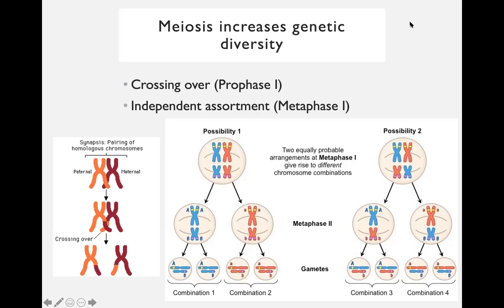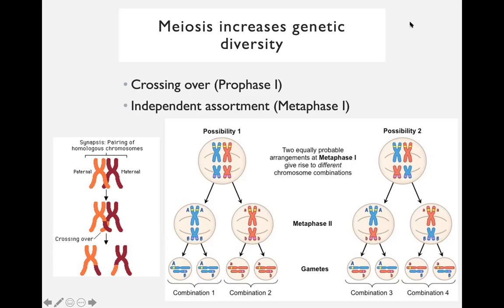In meiosis, you get this whole new combination of traits. The two spots where this happens, and you definitely want to know these, are prophase 1 and metaphase 1. That first round, before we've even split that one cell into two, is where a lot of the genetic variability is introduced.